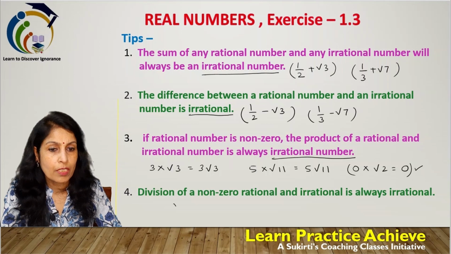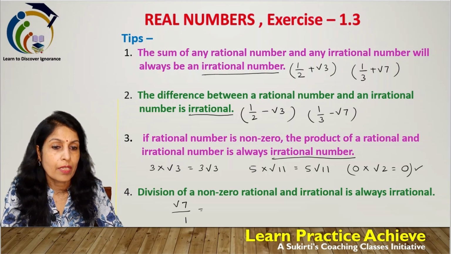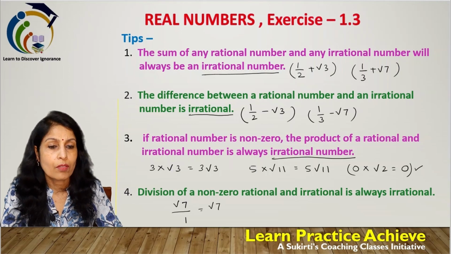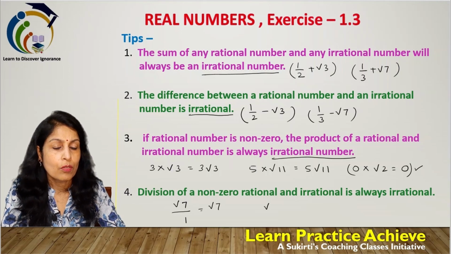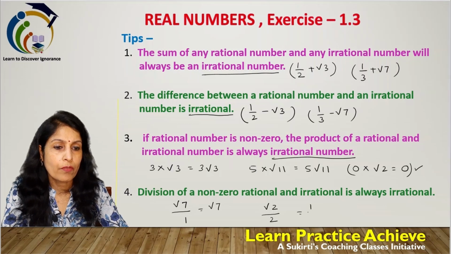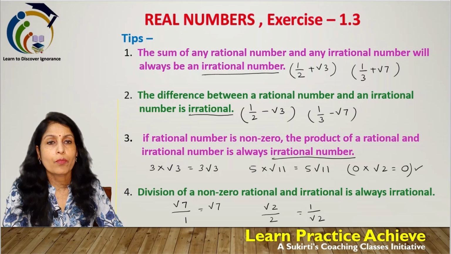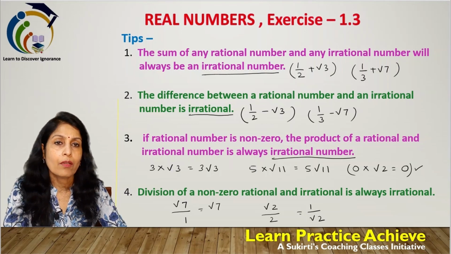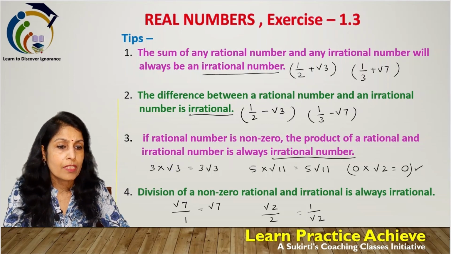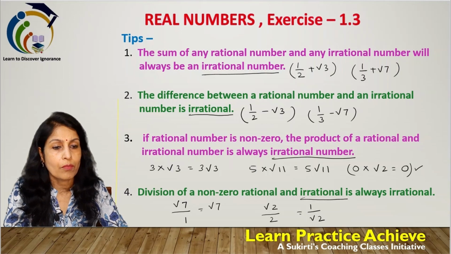Suppose it is root 7 divided by 1, then again we will get root 7. Suppose it is root 2 divided by 2, and if we cancel, we will get 1 by root 2. So if we take this type of number, one rational and one irrational, the result is always an irrational number.